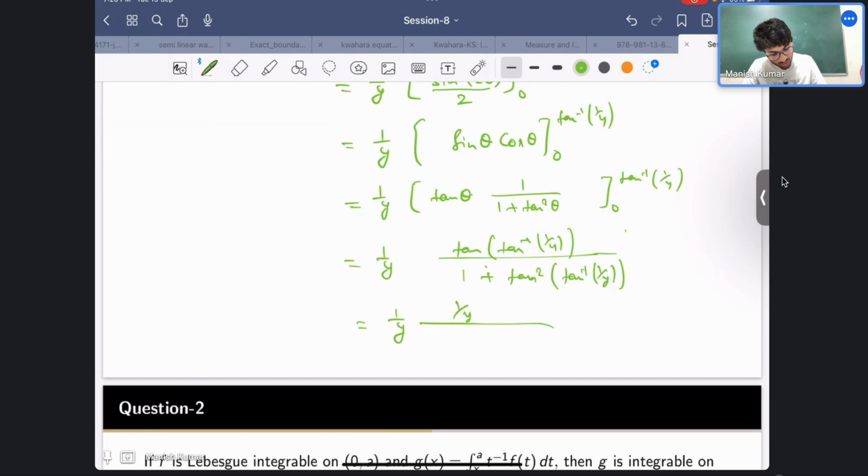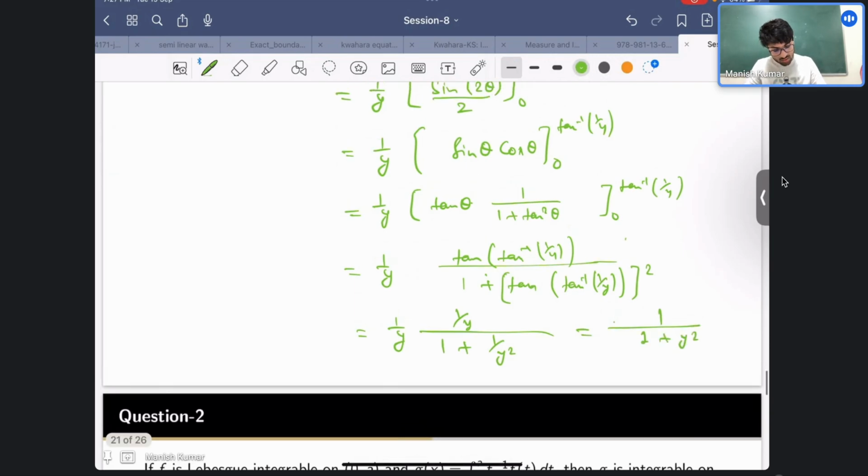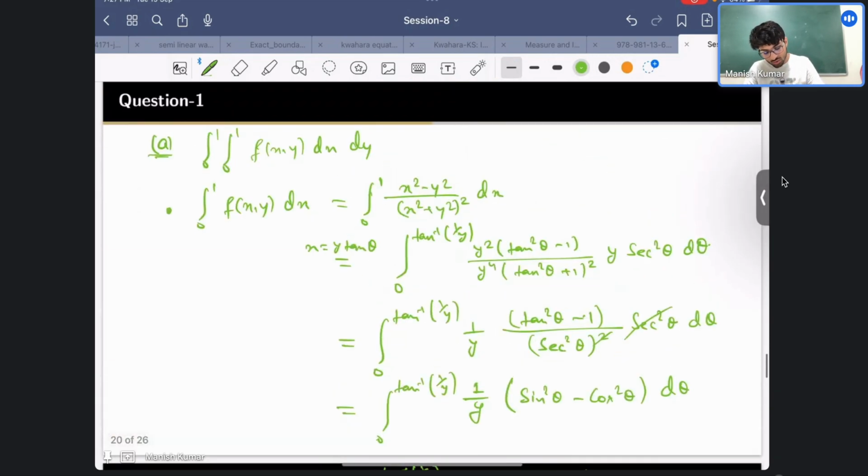Here I'll have 1 plus tan of the whole square, so 1 by y square. Now you just take the LCM, y square, and then 1 y will cancel, so this will be 1 plus y square, right? So this is the value of this integral of f(x,y) on 0 to 1, right?